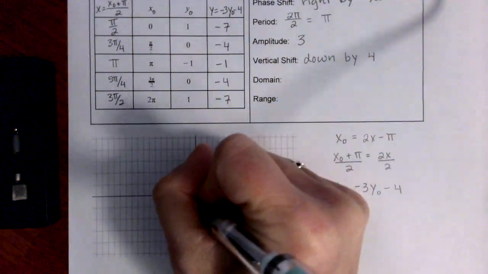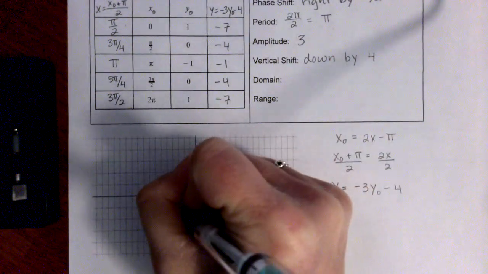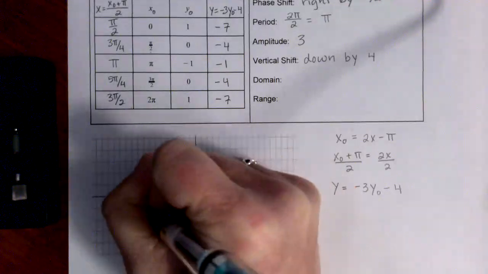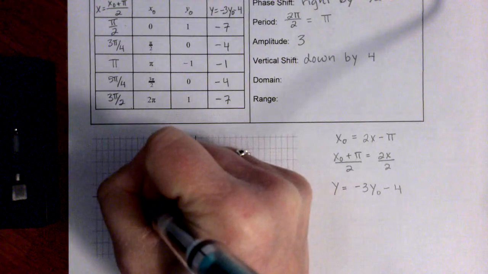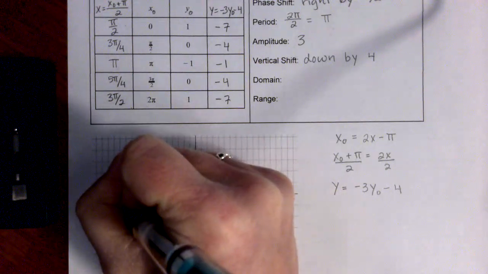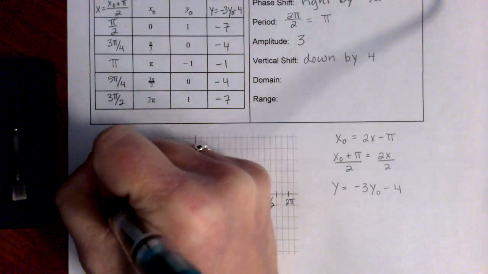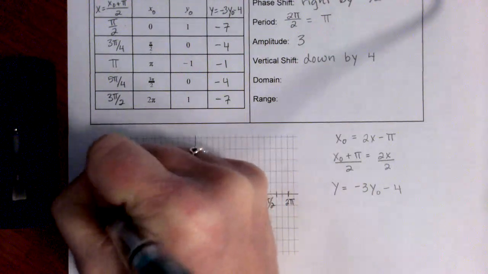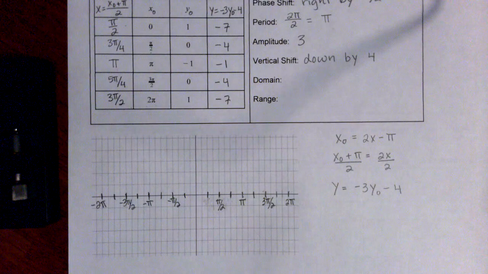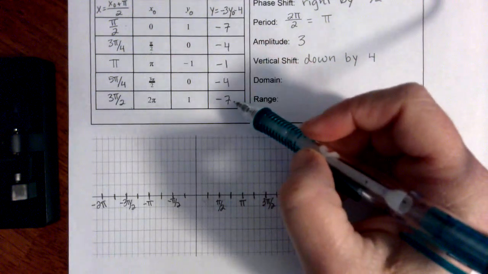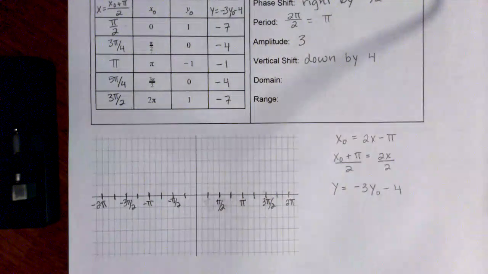Okay, and then I'm going to go in the same direction here. So this is negative pi over 2, negative pi, negative 3 pi over 2, negative 2 pi. Now looking at my y's, I need to go from -7 to -1.